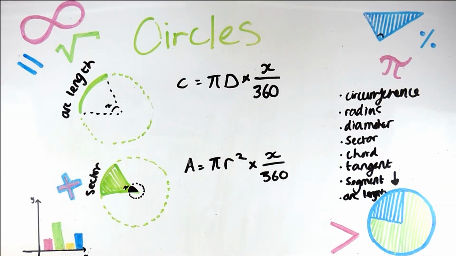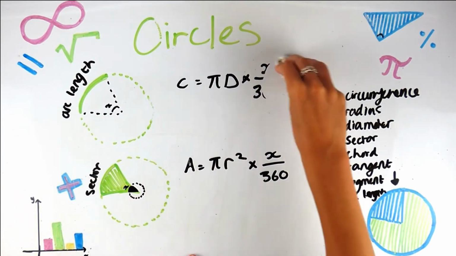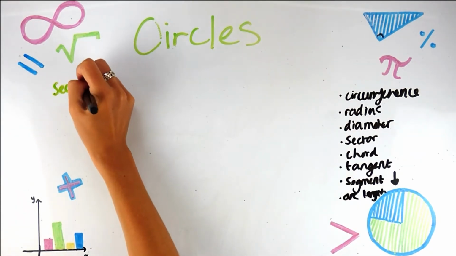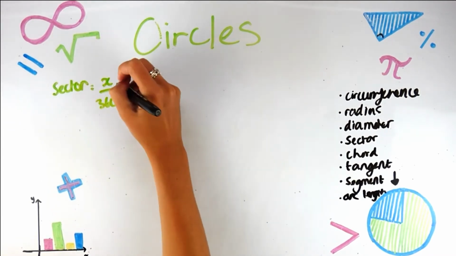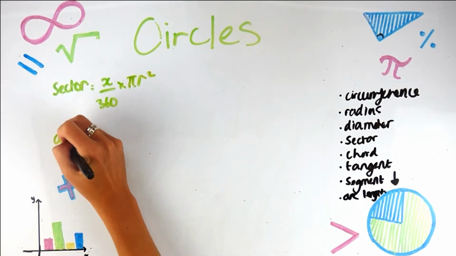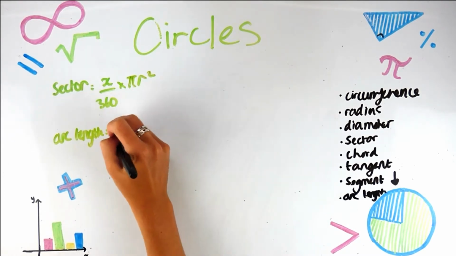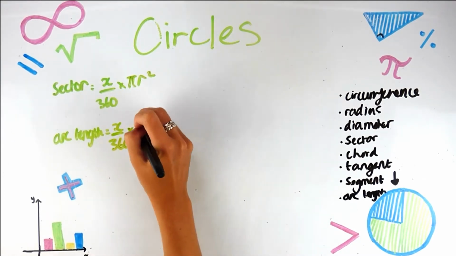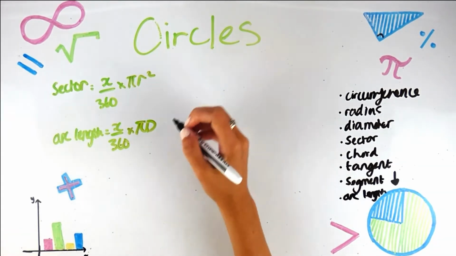Okay, so you've got the area, but you've got a fraction of it, and you've got the length, but you've got a fraction of it. Sector area is x over 360 times pi r squared, and arc length is the fraction of the circumference, which is that. Okay, let's look at some examples.